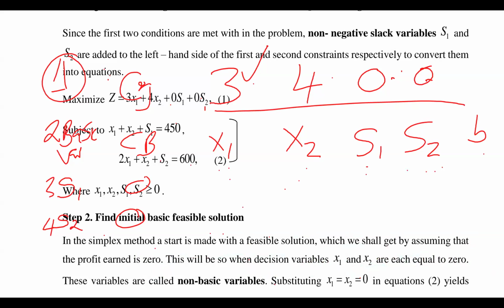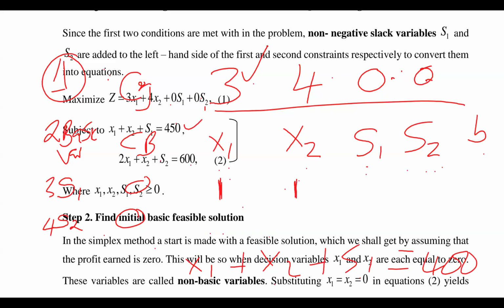For the constraints, remember our constraints? x1 plus x2 plus s1 is equal to 450. You remember this one? So what is the coefficient of x1? It's 1, right? Then for x2 it is 1, right?